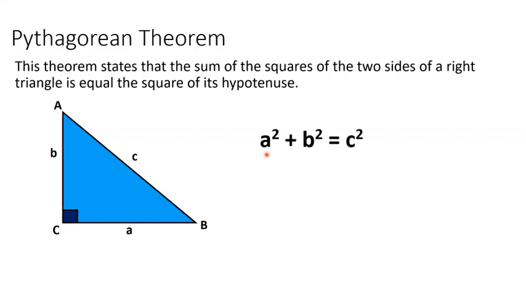To remember easily, our C here is the hypotenuse. In the Pythagorean theorem formula, whatever the hypotenuse is, that is always isolated, meaning it is always alone. And then the two sides, we have to add the squares of those. Whatever the hypotenuse is, it is always the solo one, and the two sides are always together.